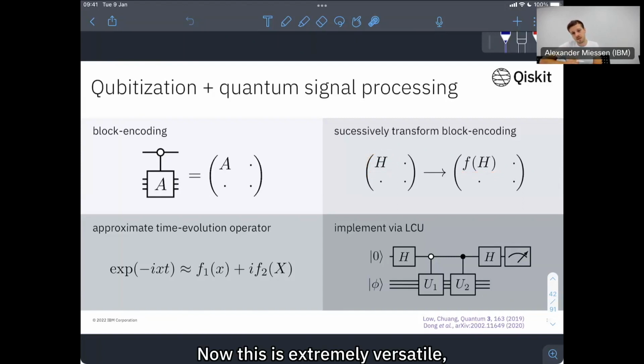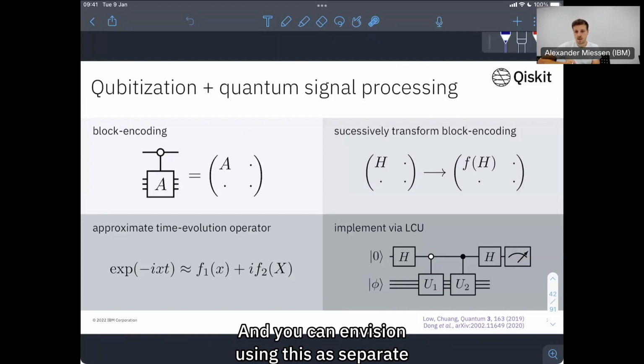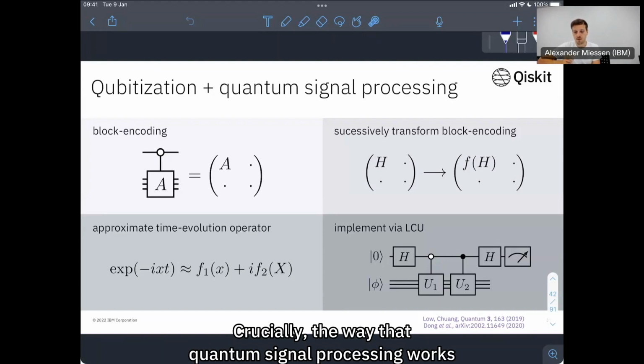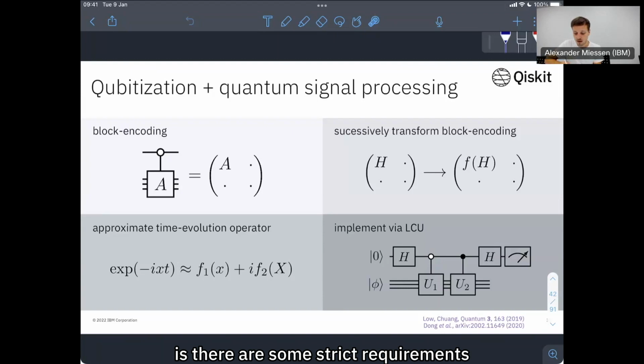Now, this is extremely versatile and is generally just a transformation into a polynomial of some operator, okay? And you can envision using this as a subroutine in many different algorithms. Crucially, the way that quantum signal processing works is there are some strict requirements on the form of these polynomials.